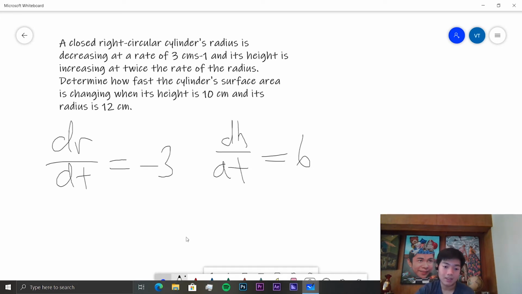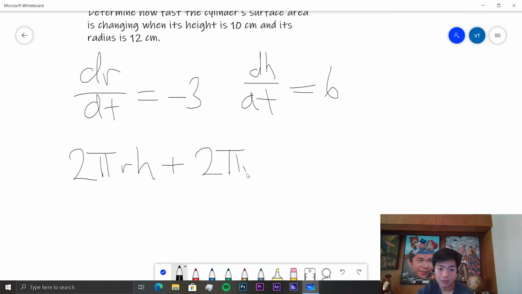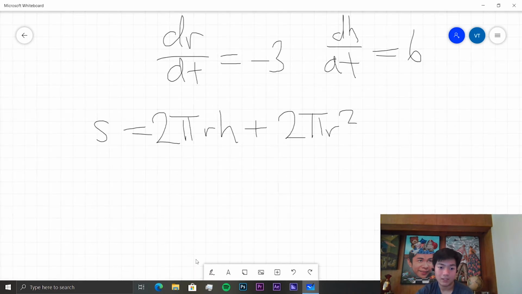And a cylinder's surface area is 2 pi rh plus 2 pi r squared. Is that the surface area? I think so, yeah. So we need to determine how fast the cylinder's surface area is changing.